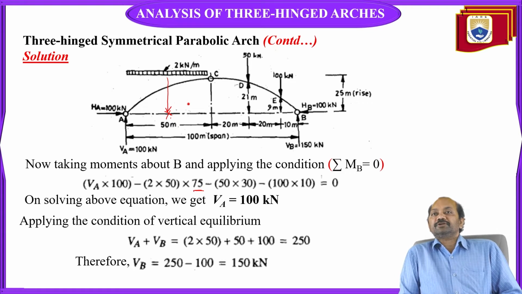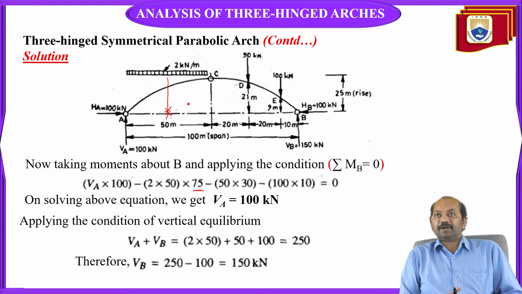2 into 50 into 75 minus 50 into 30 meters, this is the distance 30. 50 into 30. Similarly, minus 100 into 10 meters is equal to 0.